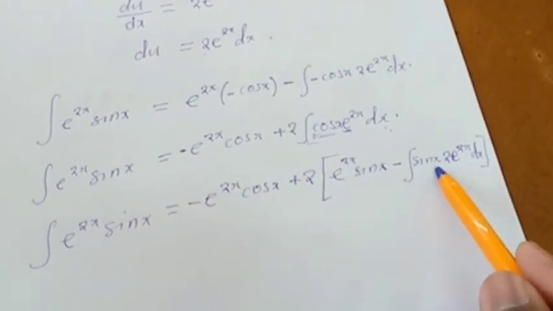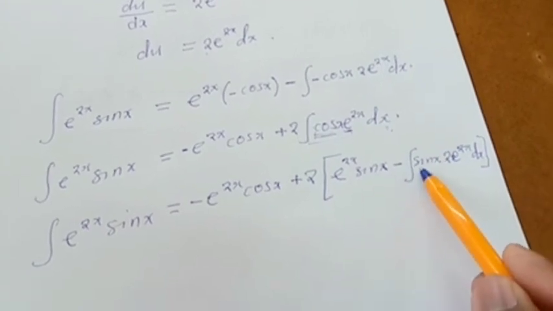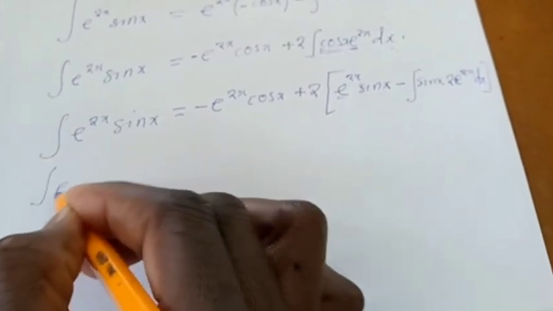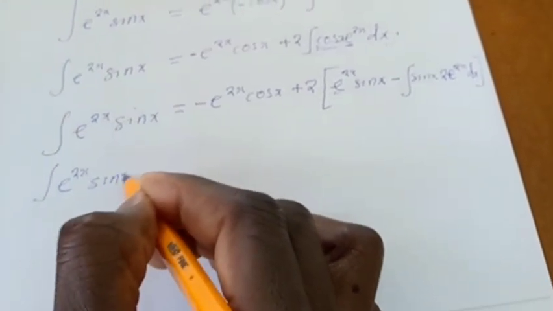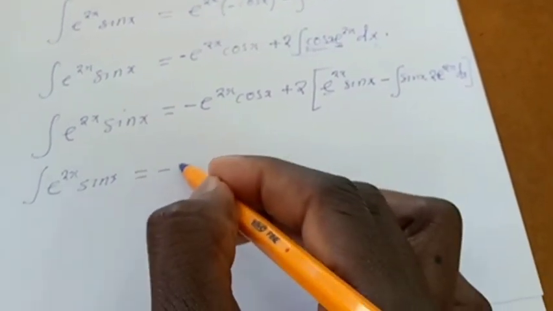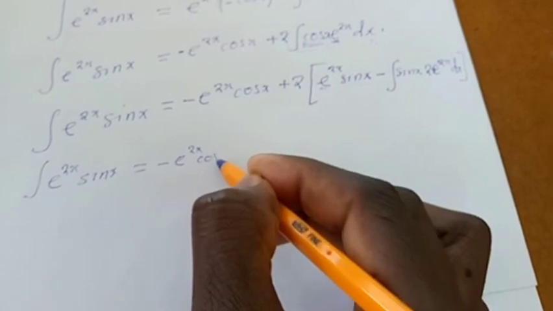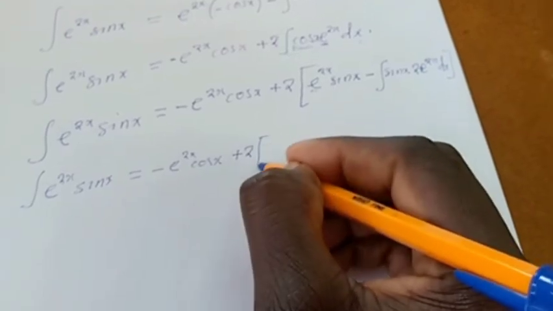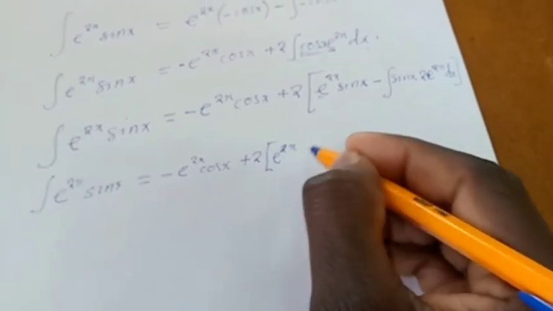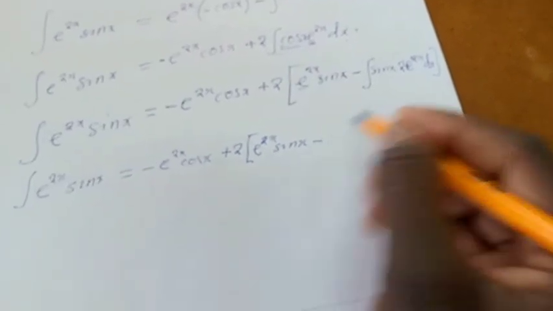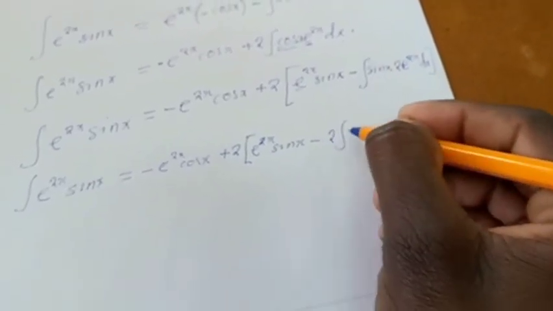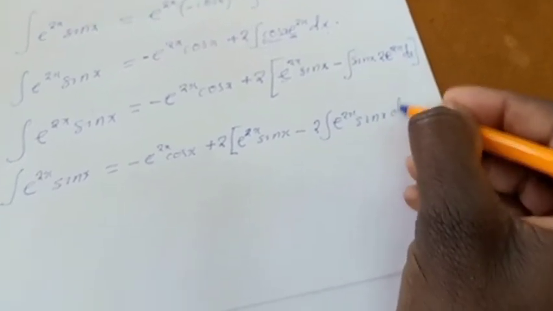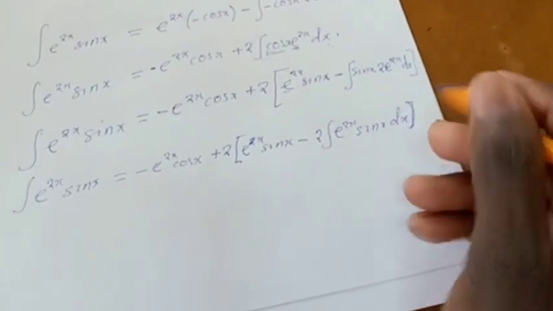So you're going to understand that this part, these two, has to come outside, and you're going to have e to the power x. Okay, so we're going to have integral of e to x sin x equal to negative e to x cos x, right? So it's going to be plus 2, open e to x sin x minus, this has to come outside, to be 2 integral of e to x sin x dx, like this.